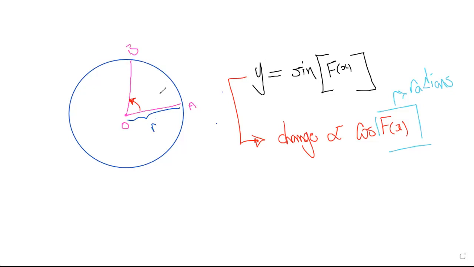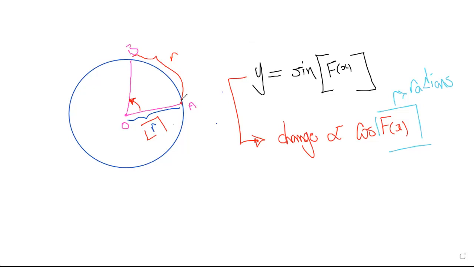We can come to circumstances where, for example, you have a measuring tape. You measure the radius itself, then you use the same measuring tape and cut the same length on the circumference of the circle. If the length of the radius is R, with your measuring tape you measure the same arc length as R. For example, if R is 2 meters, you cut 2 meters as the arc.